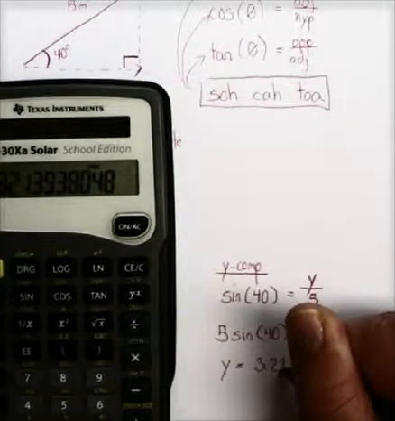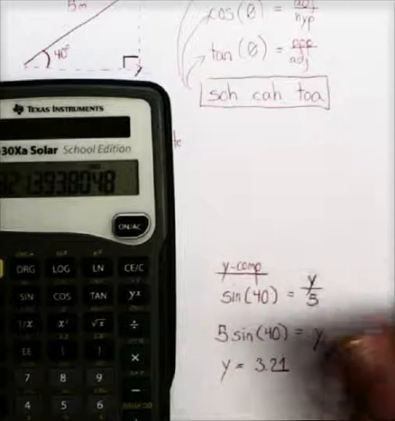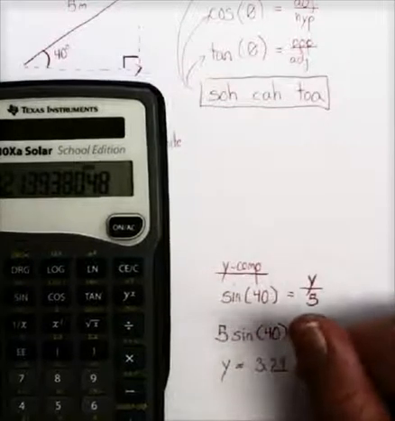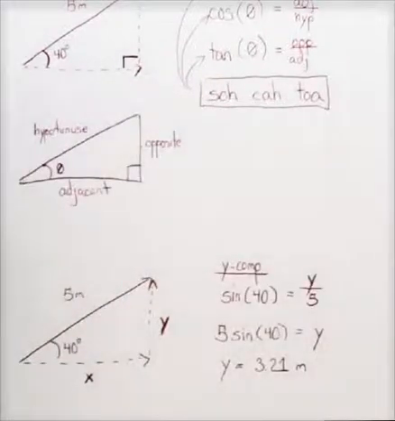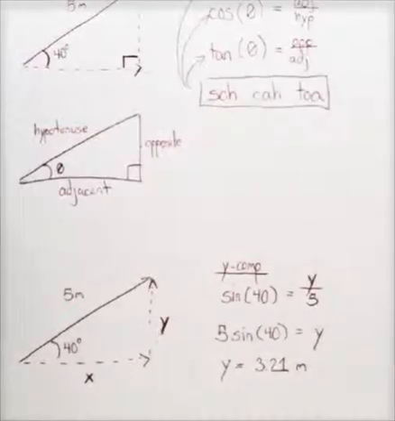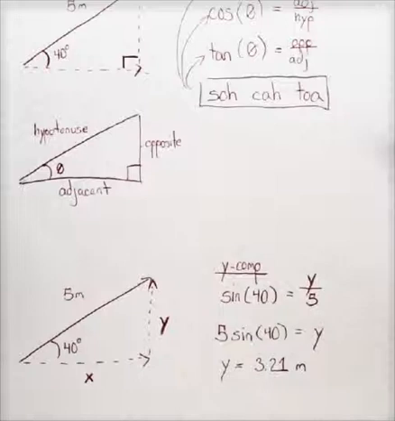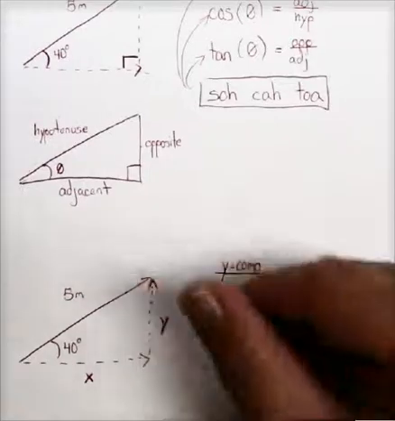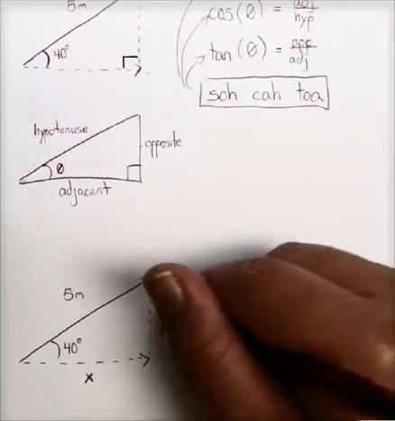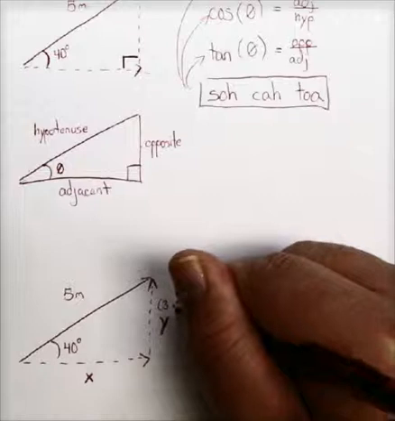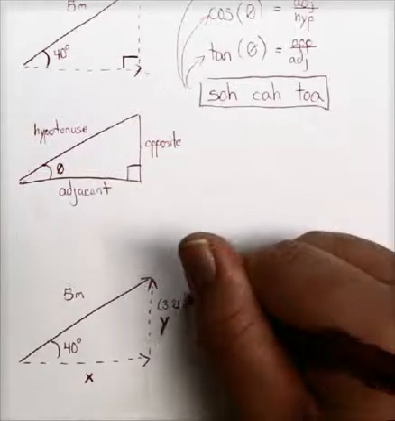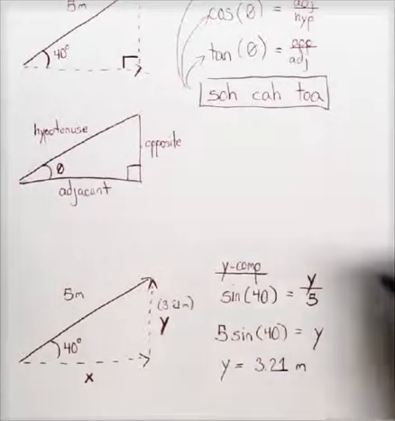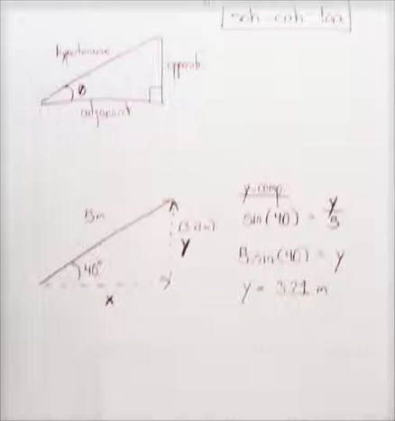If you've learned sig figs, it's much better to use those, but for now, I can say that the length of the y component is going to be 3.21 meters. Bring this back into focus, so I can fill that in now. 3.21 meters.